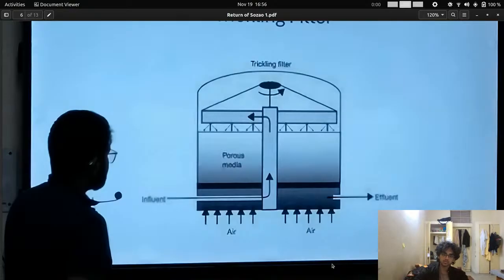So let's draw a clean diagram of trickling tower. This is a sprinkling system which is rotating. It's connected to a rod. No, this is not a trickling filter.